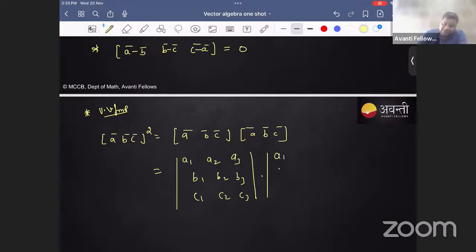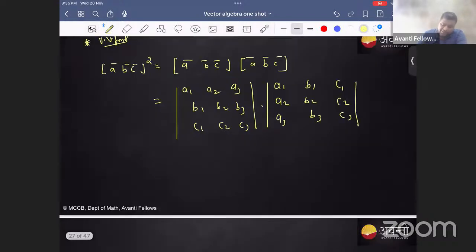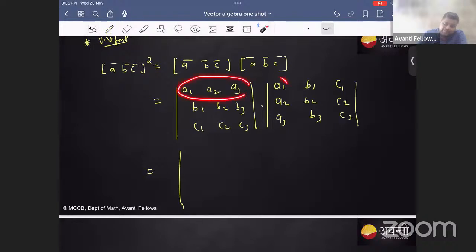I write it like this: A1, A2, A3, B1, B2, B3 and C1, C2, C3. Now if you multiply both of them, A1, A2, A3 multiplied by this gives A1 A1 plus A2 A2 plus A3 A3. So this is A dot A.